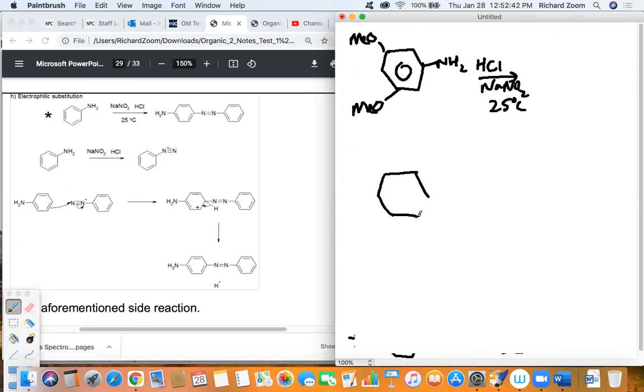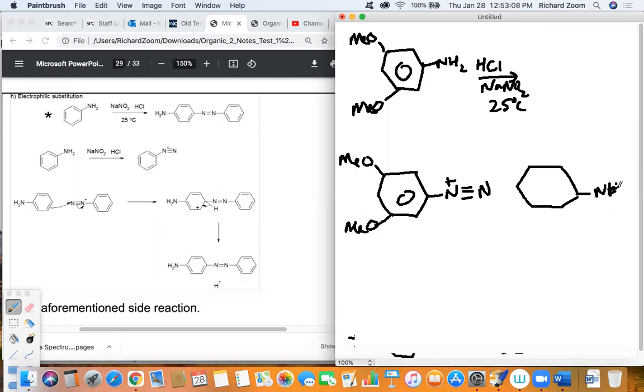I'm not going to show the whole mechanism here because I got it over there. Let's see what the diazonium salt looks like. Then we need to recognize that that diazonium salt will add to the unreacted amide.